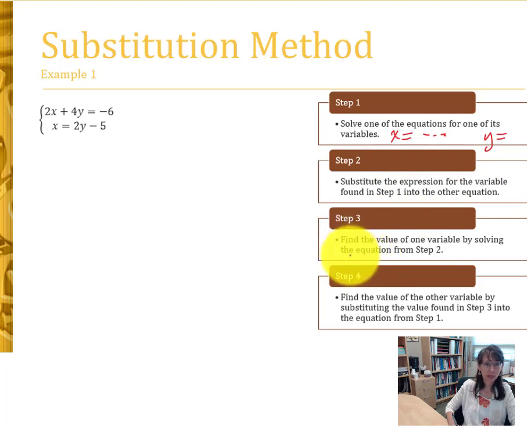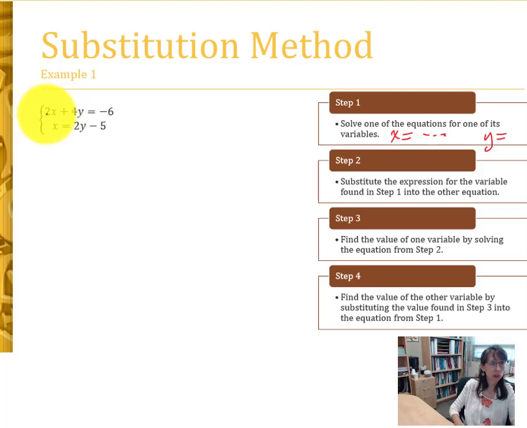Once you do that, Step 3 says you can find the value of one variable by solving the equation that you form in Step 2. So once you find either x or y, you should be able to substitute that numerical value back into one of the equations and get the value of that second variable. Let's see how that'll work.